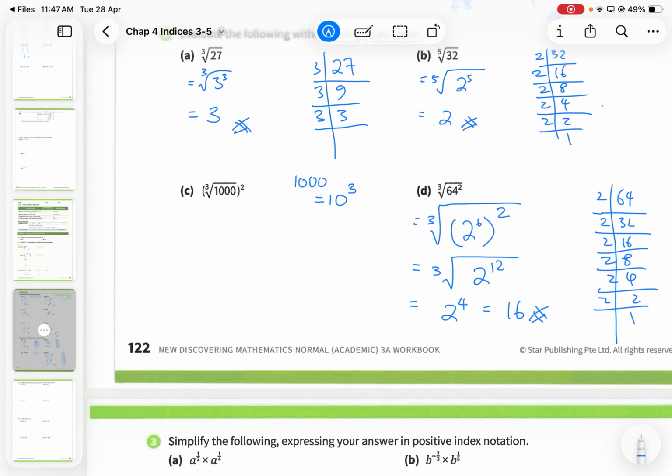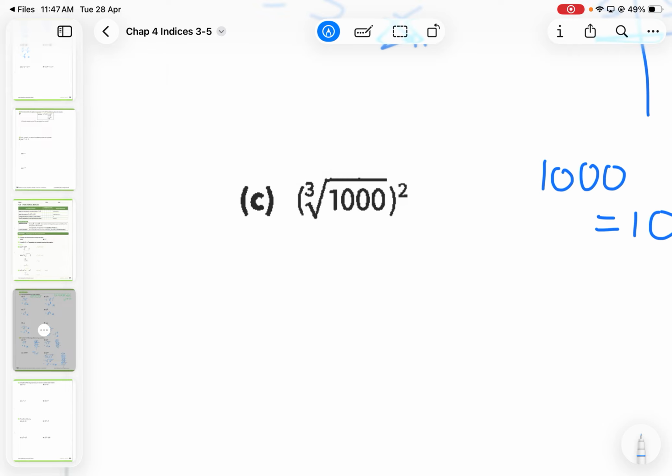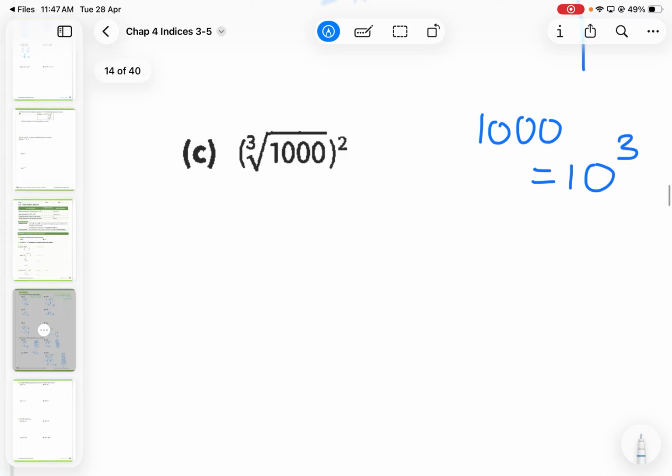Answer is 100. Okay, what is inside the bracket is being squared. So I don't want to go and square first. Go step by step. Later you will find that actually you can do the square first.